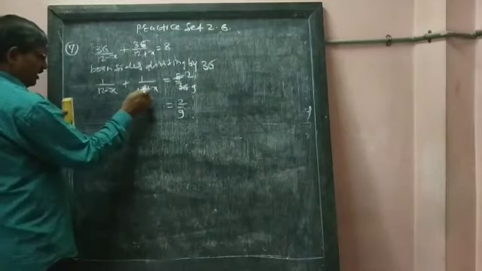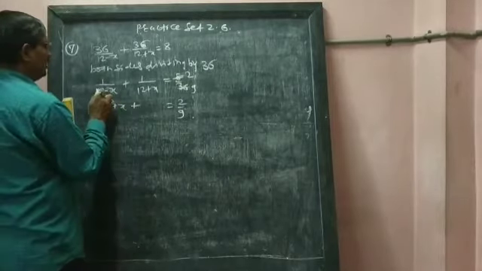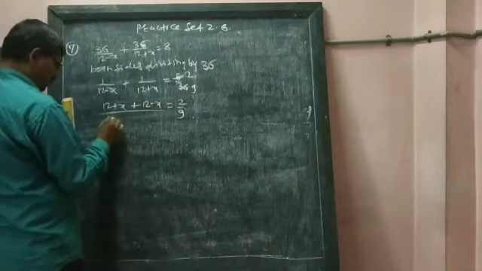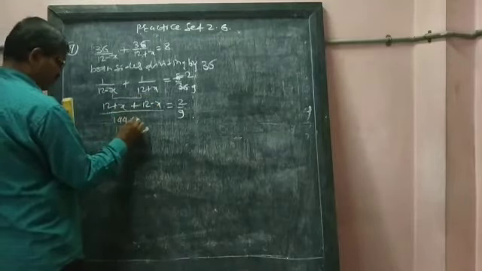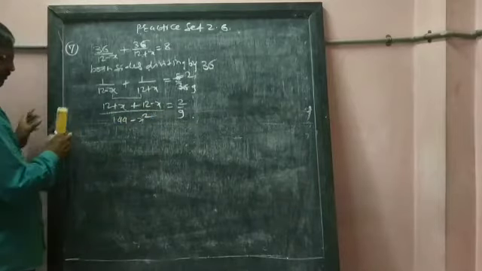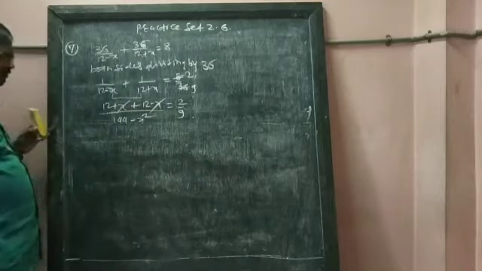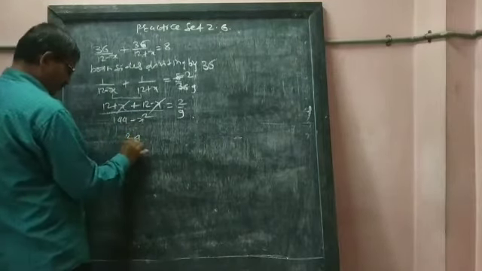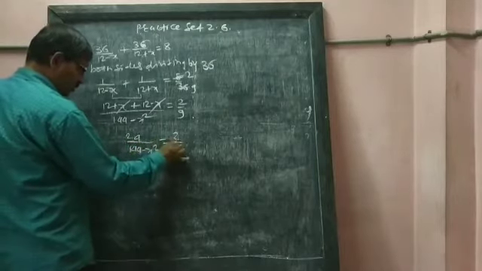Do cross multiplication. 12 plus x times 1 is 12 plus x. Here plus 12 minus x times 1 means 12 minus x, upon the multiplication of these two, which means 144 minus x square. Then plus x and minus x are cancelled. 12 plus 12 is 24 upon 144 minus x square is equal to 2 upon 9.